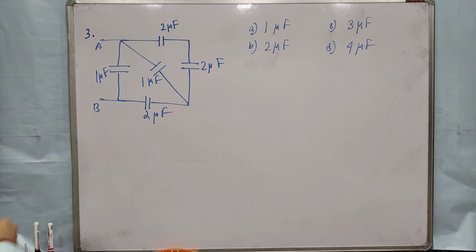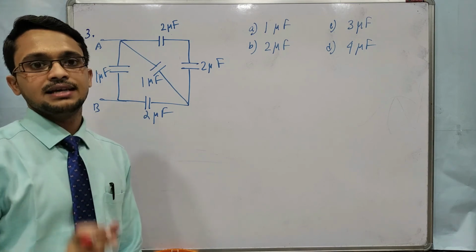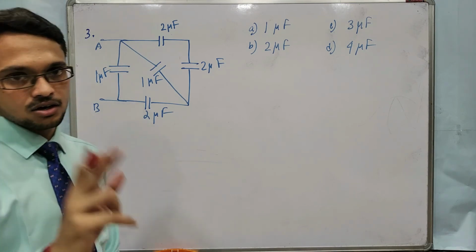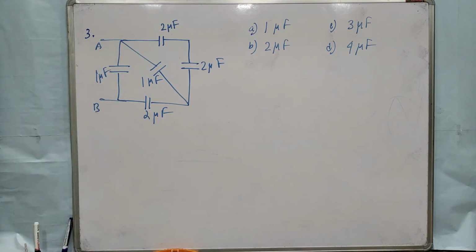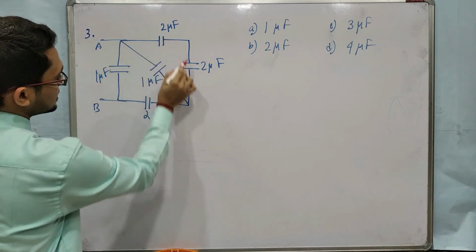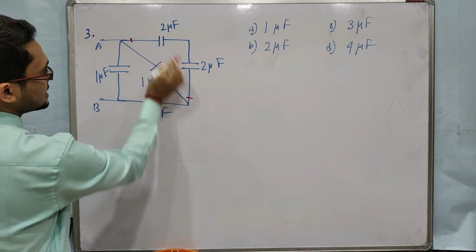Okay, so here how will you solve? Again you have to find that part of the circuit in which either charge is constant or potential is constant. In which part? So this part. If you take this part, then these two are in series, right?